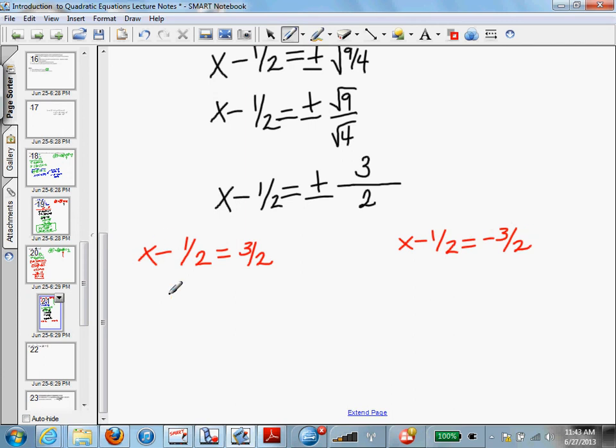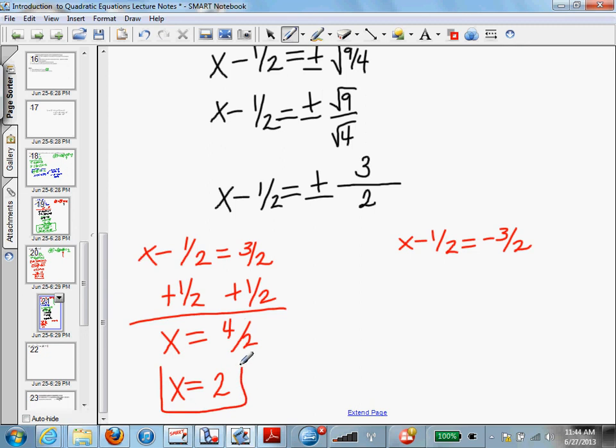To get this x by itself, we're going to have to add 1/2 to both sides of the problem. So over here we're going to have x equals 3/2 plus 1/2. We'll keep our denominator and just add the numerators. So 3 plus 1 is 4. That will reduce to x equals 4 over 2, and that reduces to x equals 2.